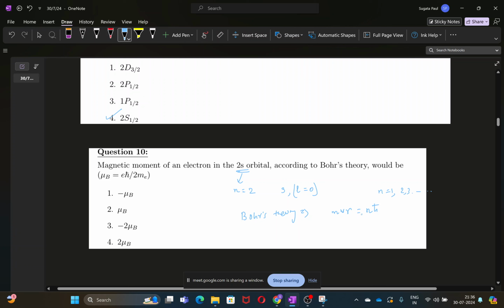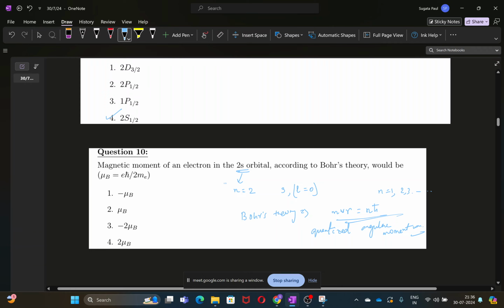So here n is the principal quantum number, and basically this is how we can quantize the orbital angular momentum. So this is Bohr's theory.